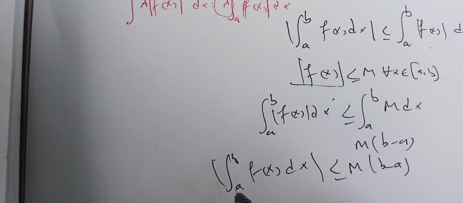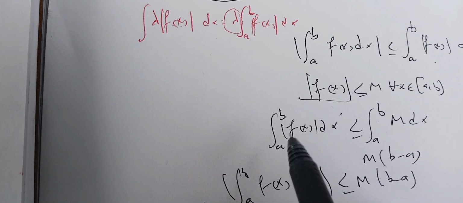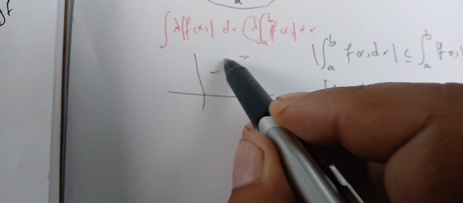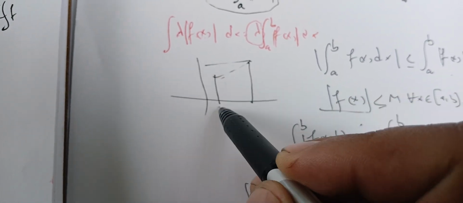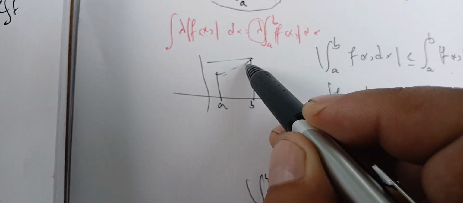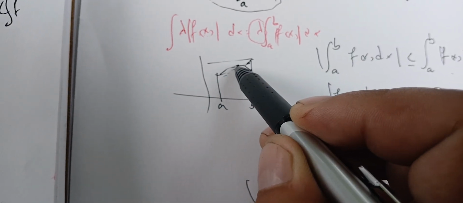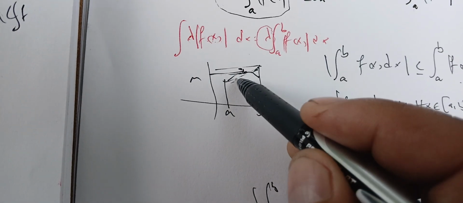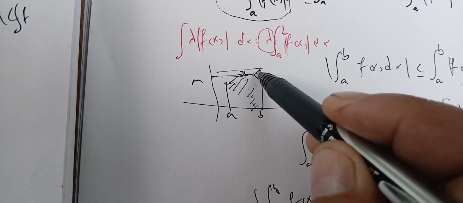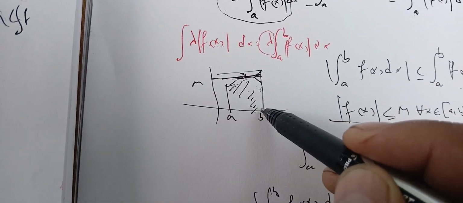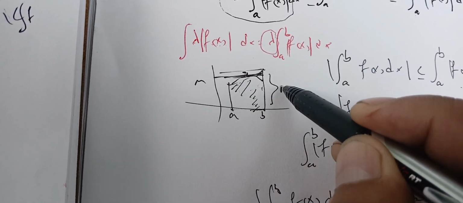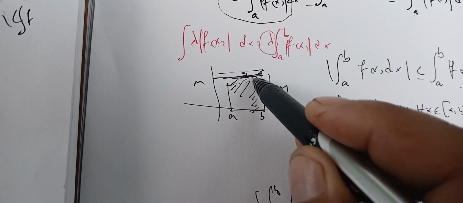So if f is bounded, let's say this is our interval [a, b], and it's bounded by some M here. The integral of f is going to be less than the area of the rectangle, which is (b minus a) times M.